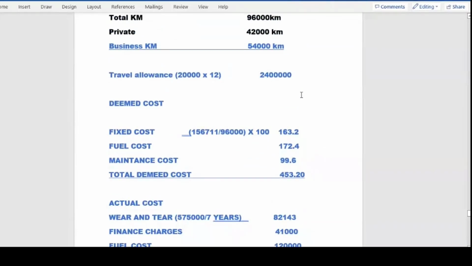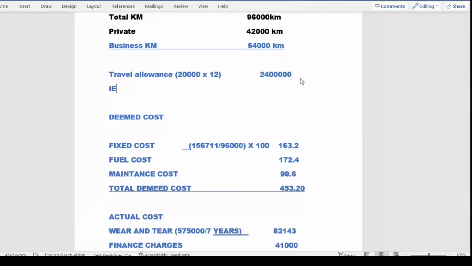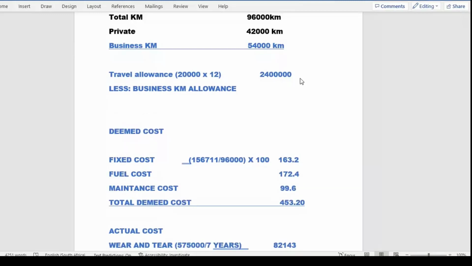It's 240,000. And then you'd say less the business kilometers allowance, which is going to be how much? How much is our business kilometers? 96,000 kilometers, right? Sorry, 54,000 kilometers.